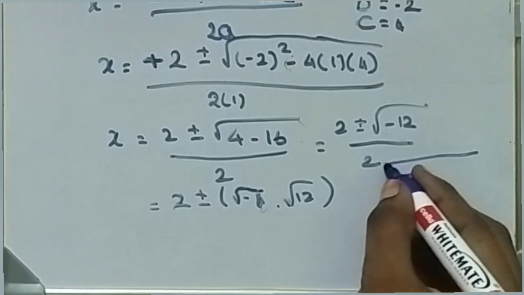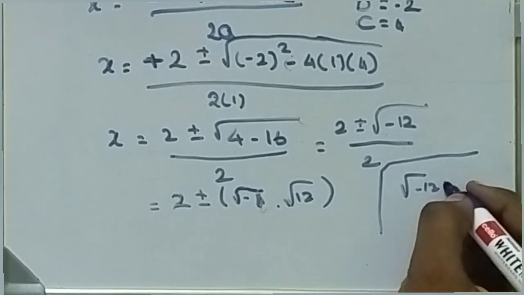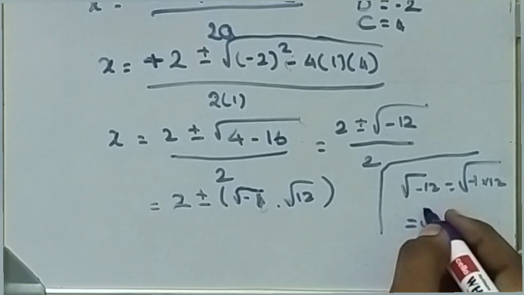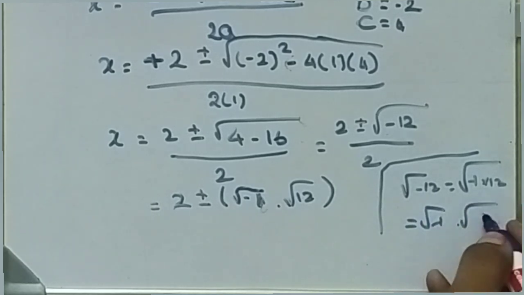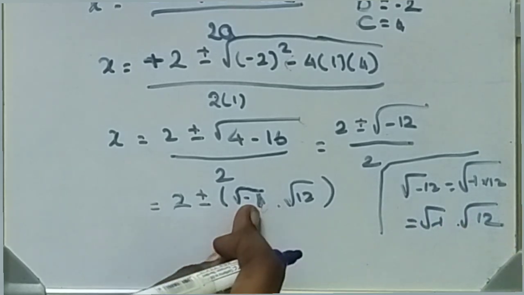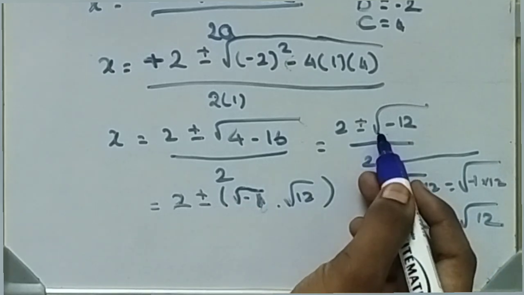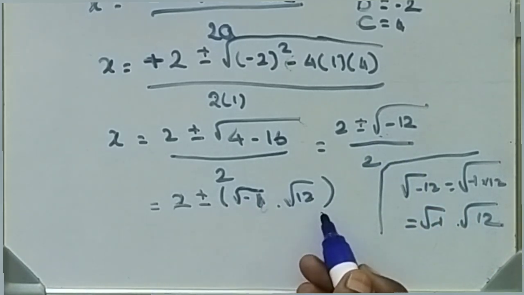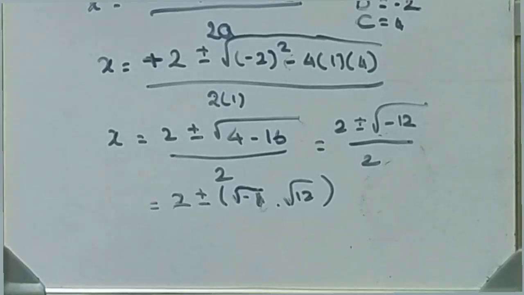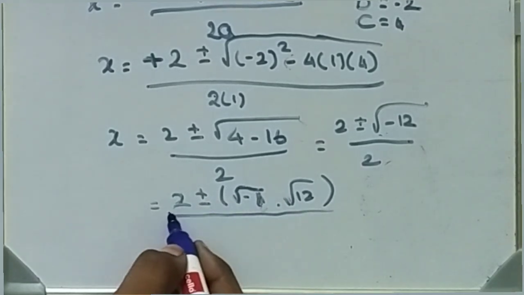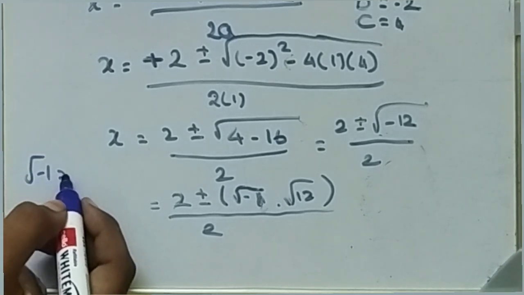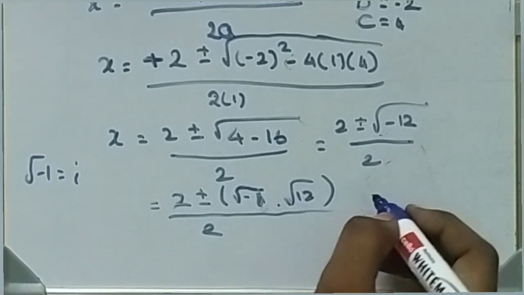Here what we have is minus 12. I am rewriting it as minus 1 and 12. So it becomes root of minus 1 multiplied by 12. So I am substituting this: root of minus 12, I am rewriting as root of minus 1 and root of 12, divided by 2. So already we know what root of minus 1 is. It is i, right? Right.